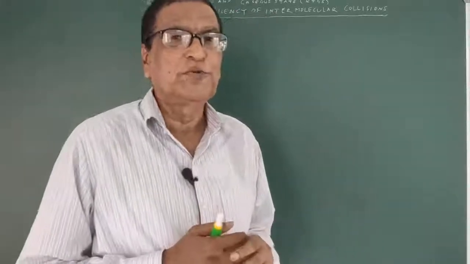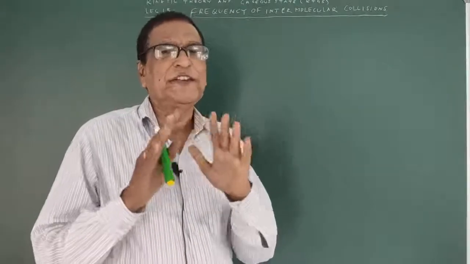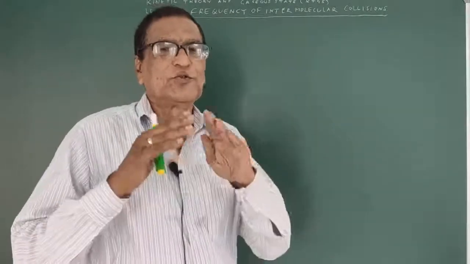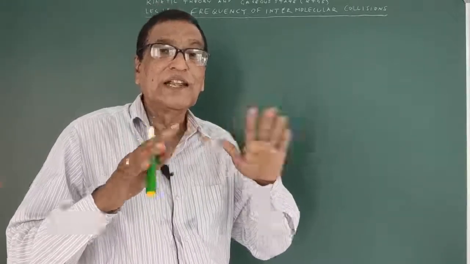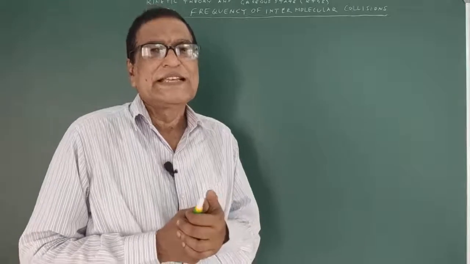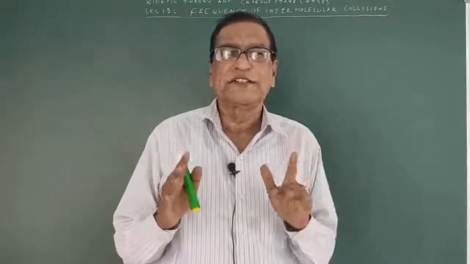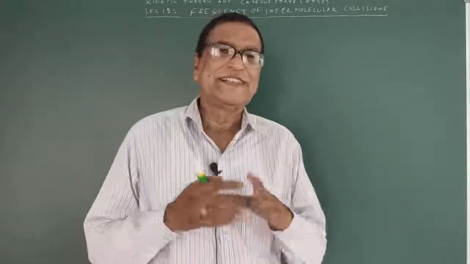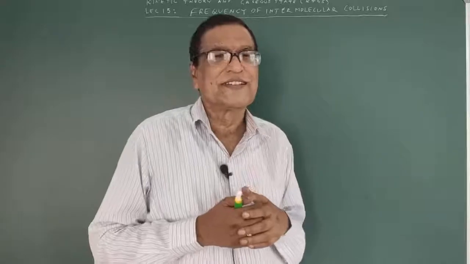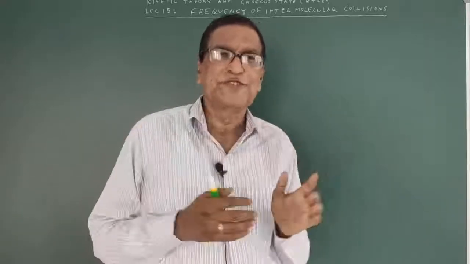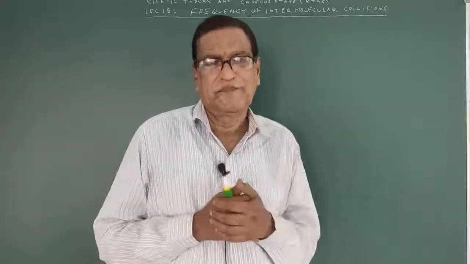Now I would like to explain the frequency of intermolecular collisions with like molecules and with unlike molecules. The frequency of intermolecular collisions is the number of collisions made by the molecules in unit volume in unit time.